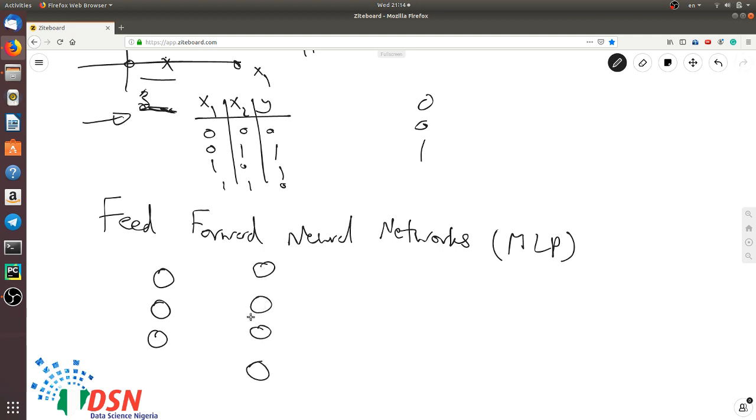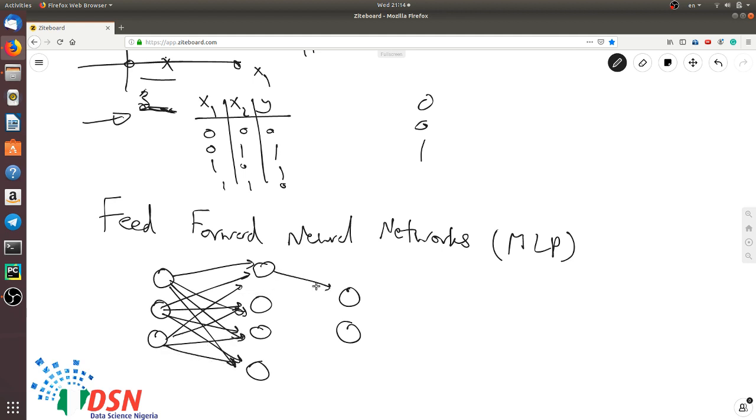We have maybe a hidden layer, and we have an output layer. Each input unit is connected to all of the next layer units.